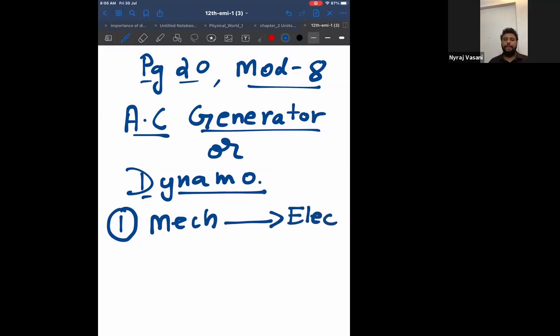So first point, write down in your notebook. What does the dynamo do? It is there in your module also, page number 20. It is an electrical machine used to convert mechanical energy into electrical energy.